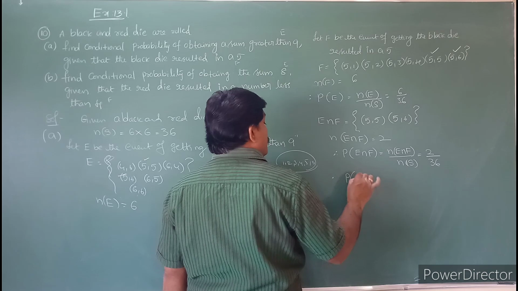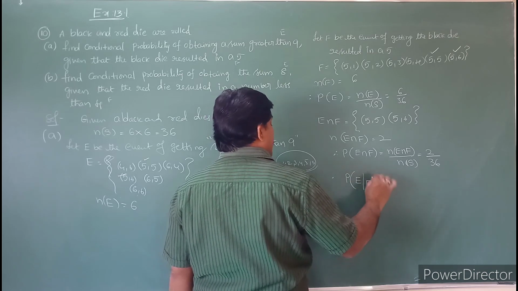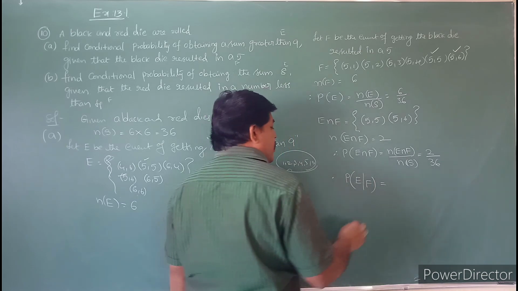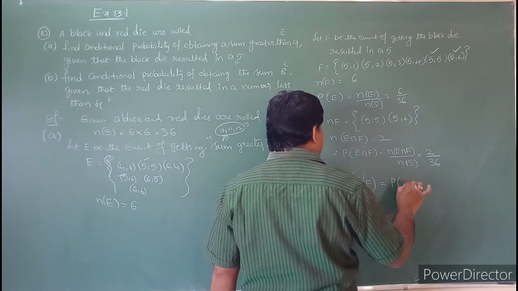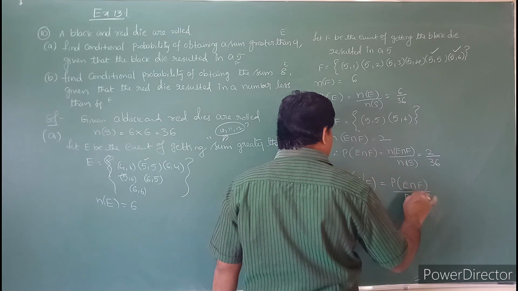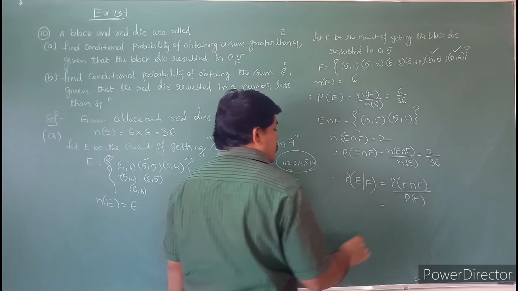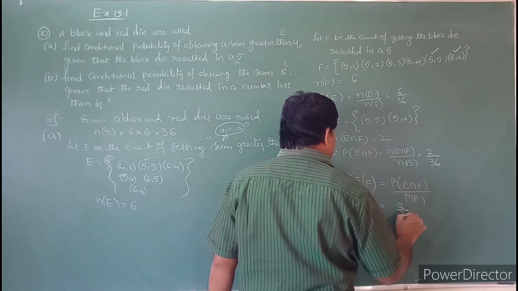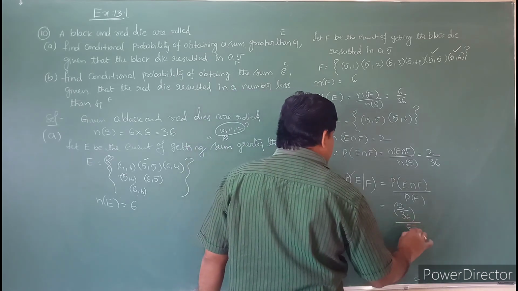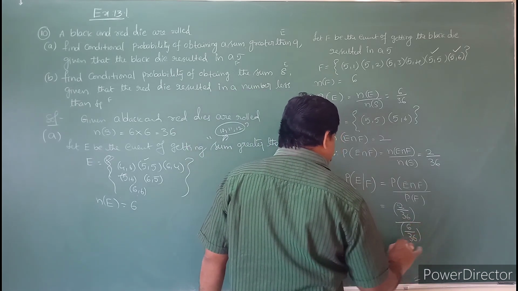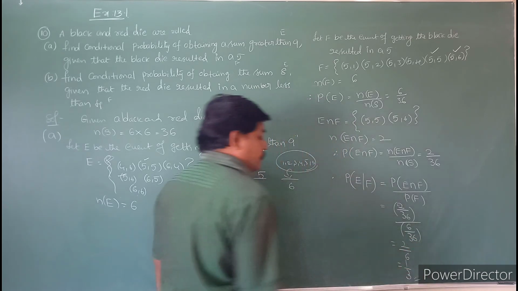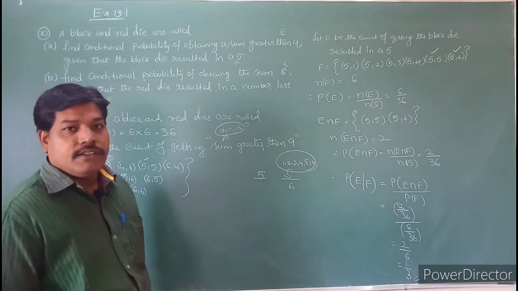The quotient is the probability of E given F. Probability of E given F is the probability of E intersection F by the probability of F. The probability of E intersection F is 2 by 36, and the probability of F is 6 by 36. So that is 2 by 6, which is equal to 1 by 3.